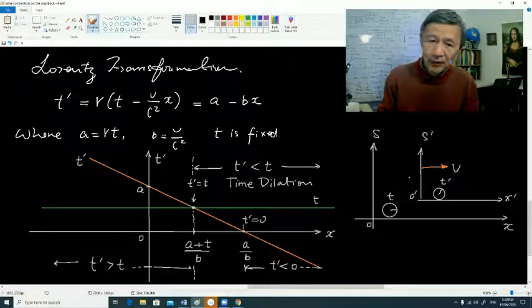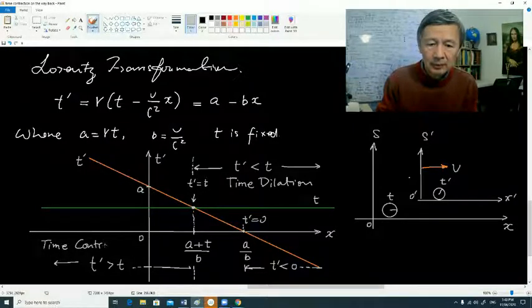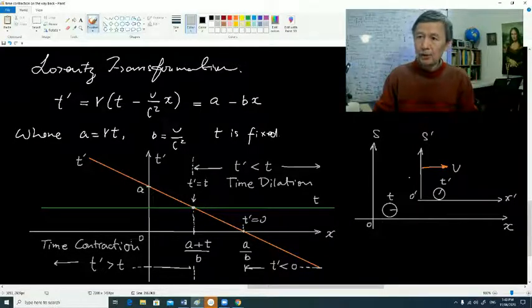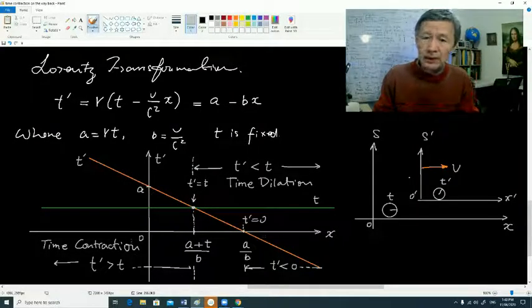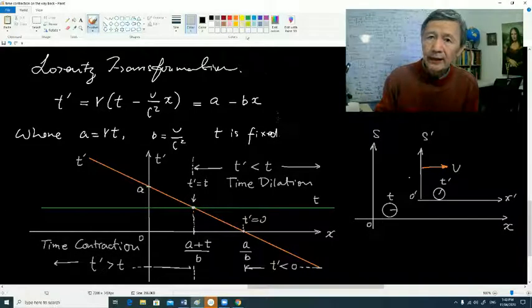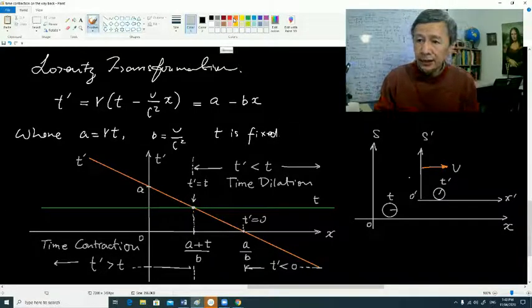However, if you look at this relation, then that will imply time contraction. That is the main point of this short video, that both time dilation and time contraction can occur.